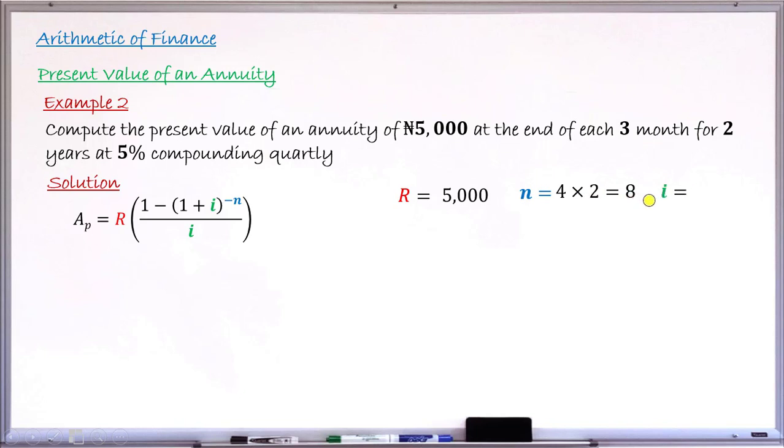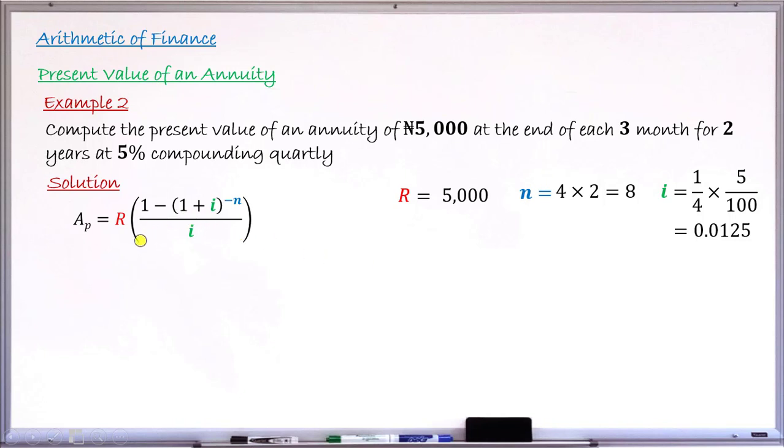And the interest rate per period is i, which is 5% per annum, but it's being compounded quarterly, meaning a quarter of a year, that is 1 over 4. So we have 1 over 4 times the interest rate per annum, 5%. If this multiplication is done correctly, you have 0.0125. This will be your i in decimal.